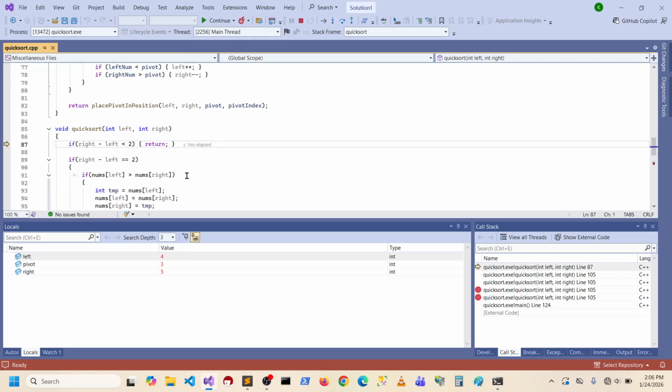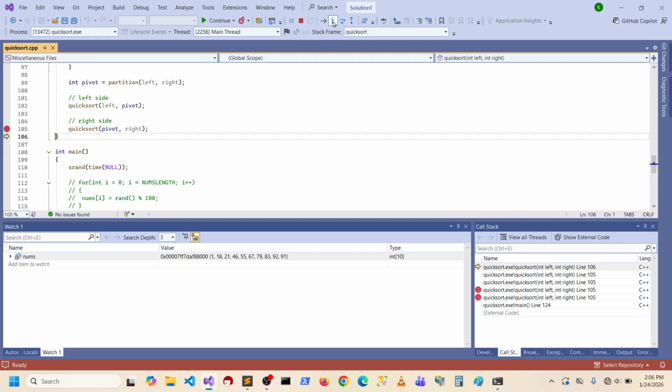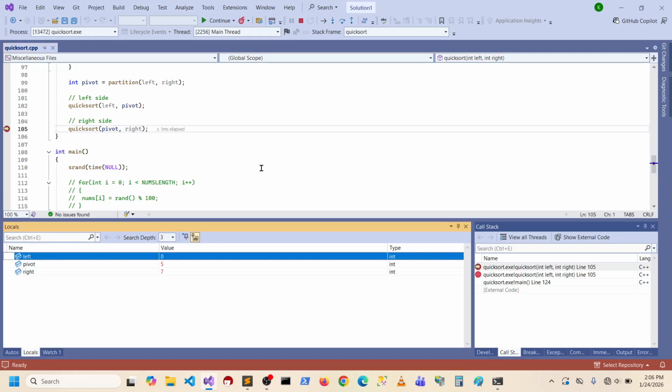4 and 5. Pivot's 46. Got 55 and 67. So that shouldn't do anything. Then we go to right again. 0, 7.